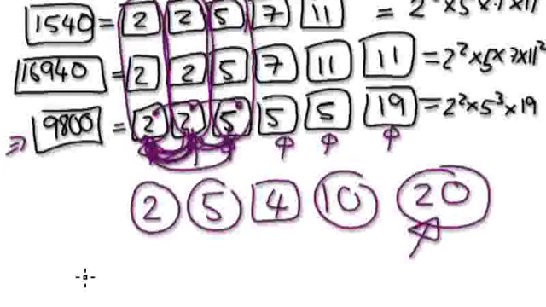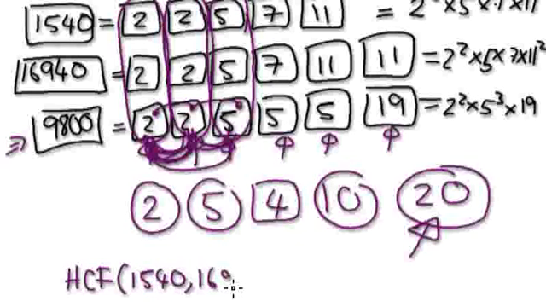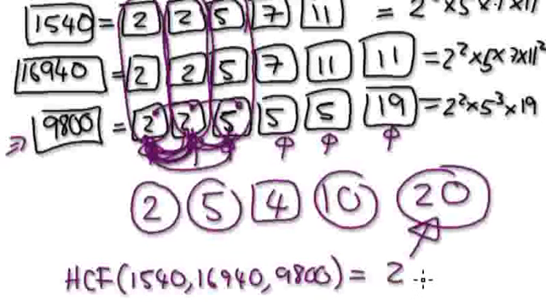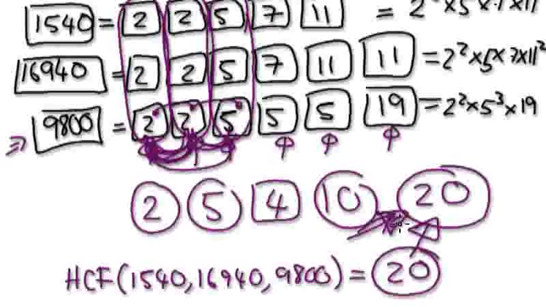So the highest common factor of 1540, 16940, and 9800 equals 20. This one here would be your final answer. The highest common factor is 20.